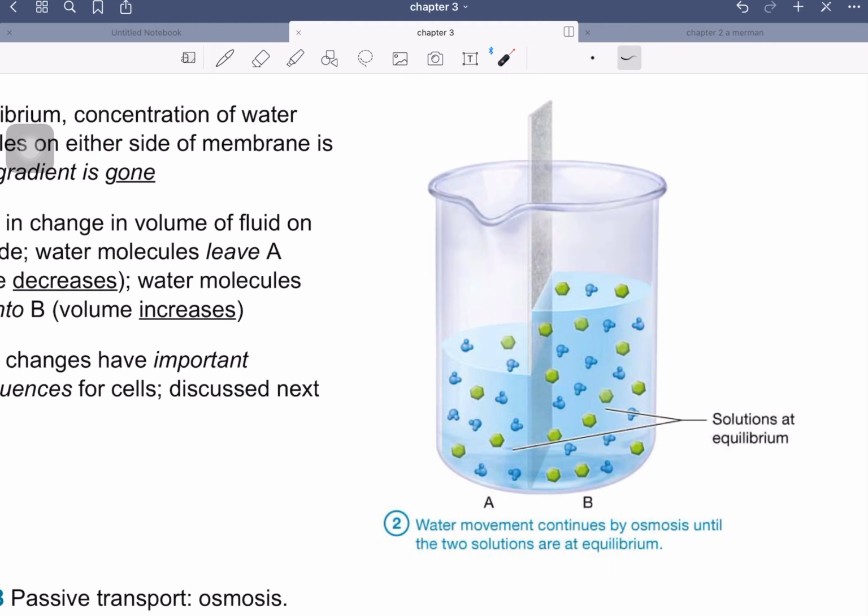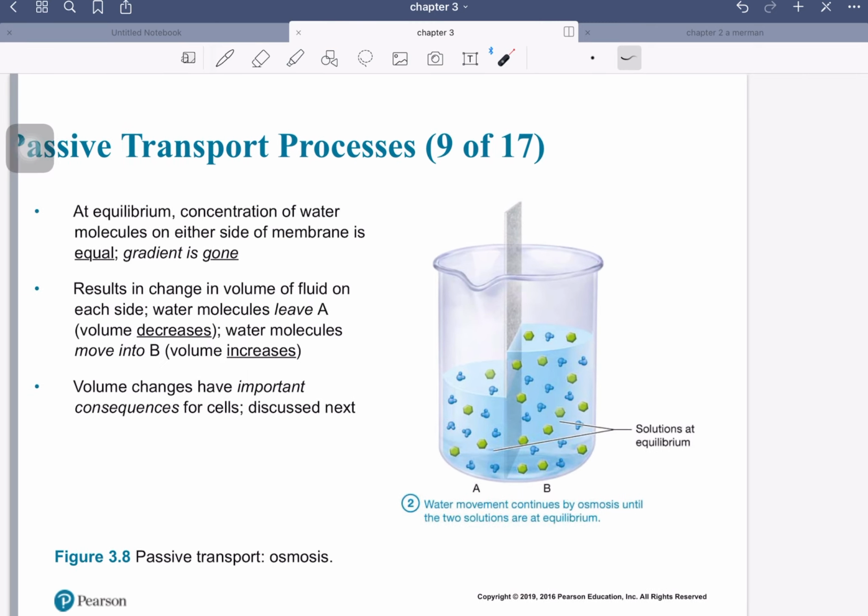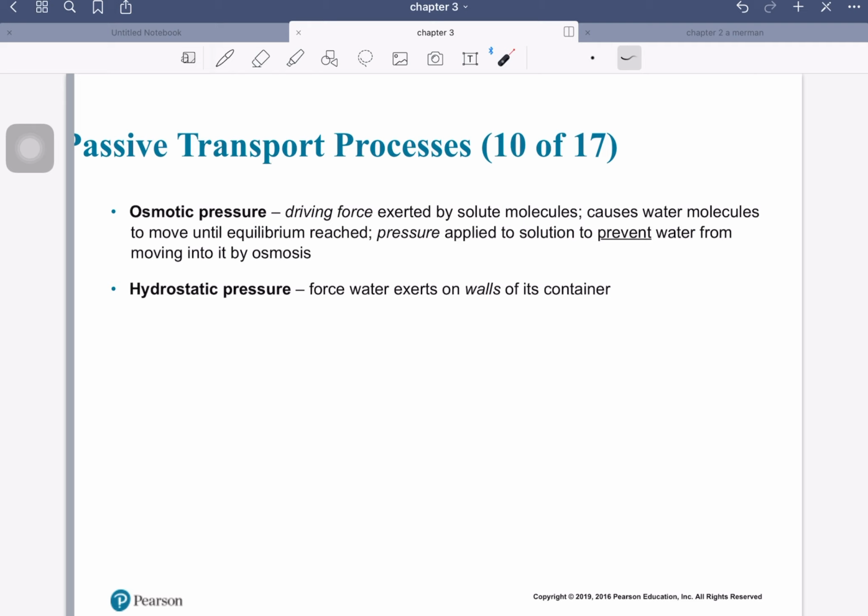But the amount of water moving in either direction is equal. So it's not that there's no movement of water, but it's equal. So the net effect is I'm not going to have any more water moving at a certain point. And that gets us back here, right? Is that the driving force is exerted by solute molecules until equilibrium is reached.